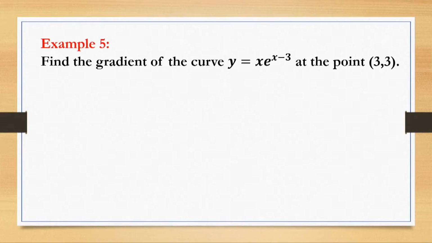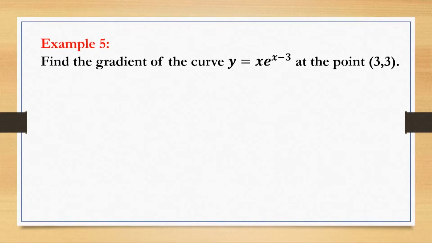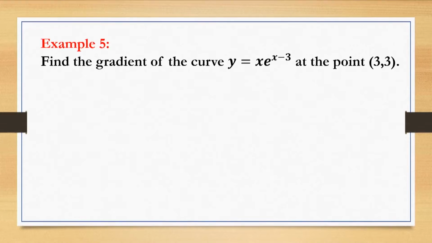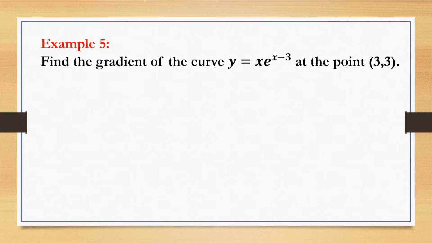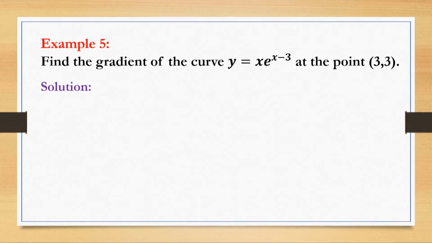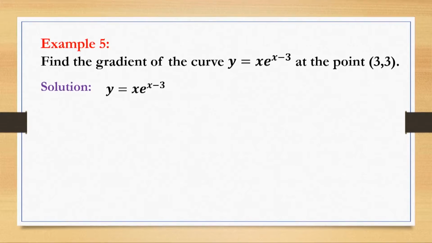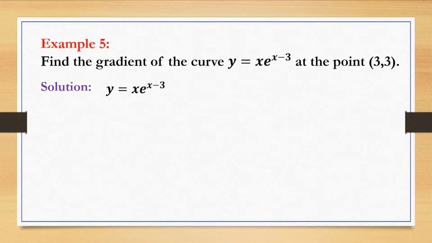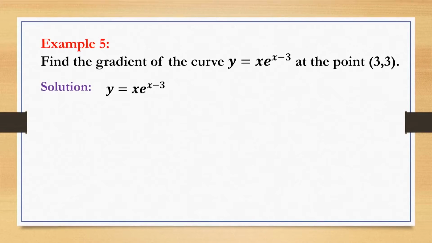Next example, find the gradient of the curve y equal to x e power x minus 3 at the point 3, 3. So I need to find dy by dx. Here we have the product of two terms, and I'm going to use the product rule.